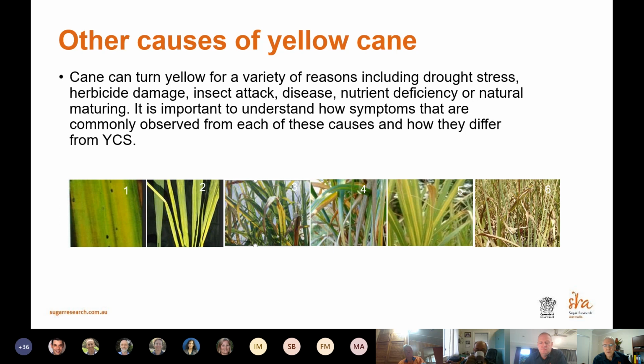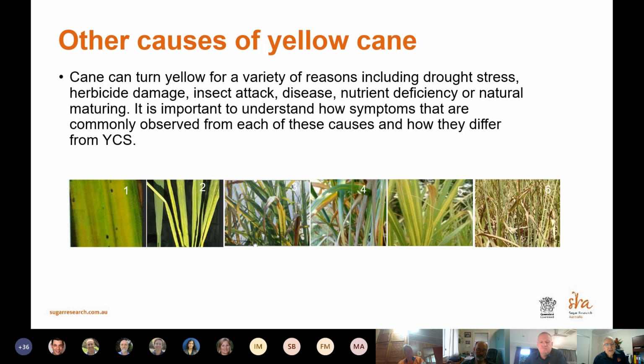But one of those images was taken from a YCS symptomatic field. So make your own guess, and I'll give you the answer shortly. But remembering the things that I said before about the colour and how it sort of starts on one side of the midrib and those sorts of things. Well, we'll go through them.